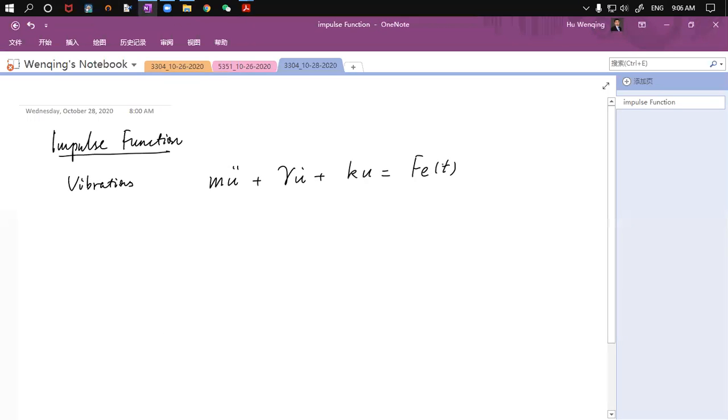This models the oscillation of a certain mass attached to a spring. Let's say u is the relative displacement with respect to the equilibrium position.